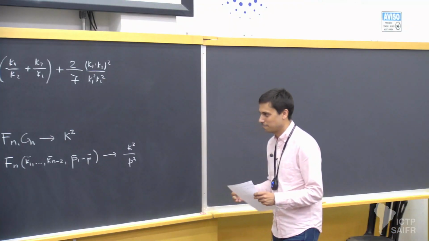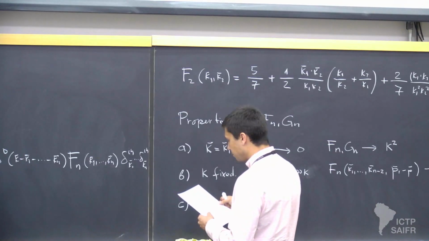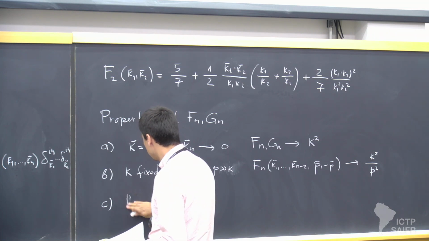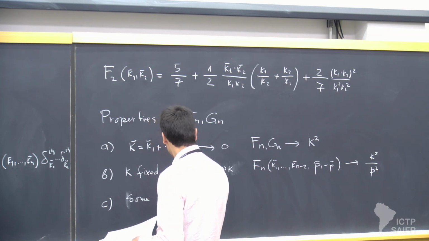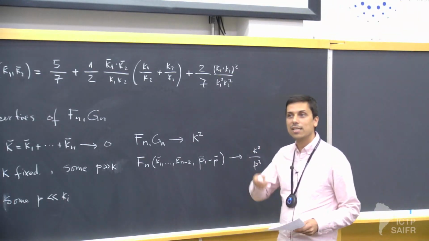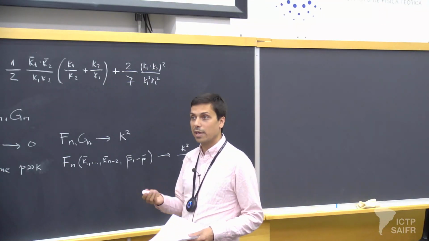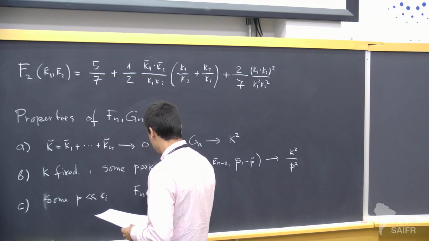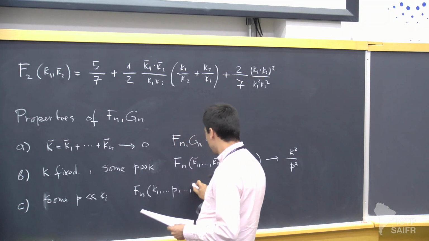And finally, if I choose some p such that it is much smaller than all the other k's, I send one of these momenta to 0, basically. What happens then is very interesting. Fn of k1, then some p, up to kn.